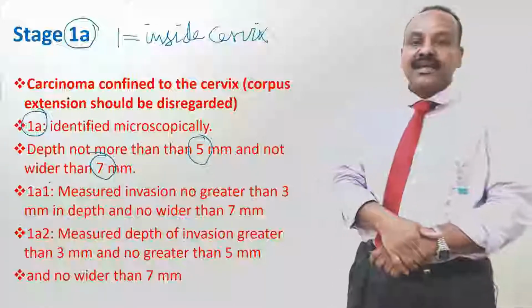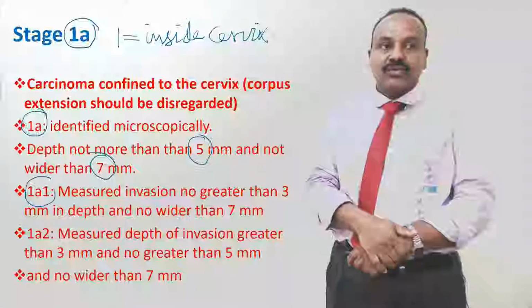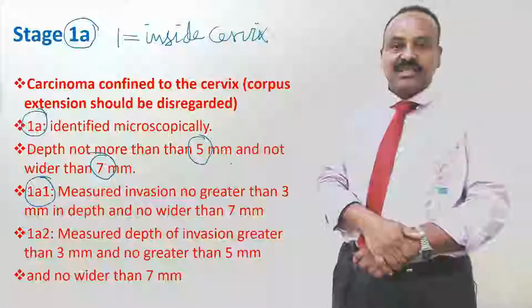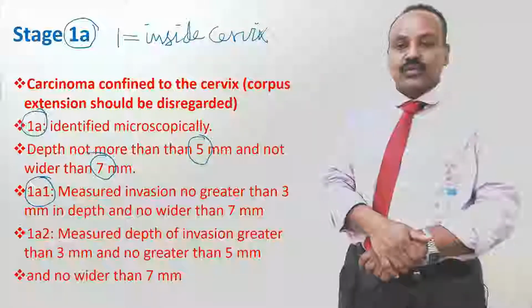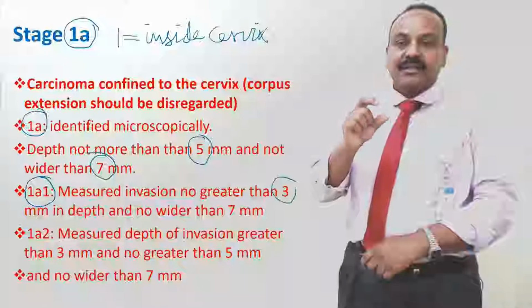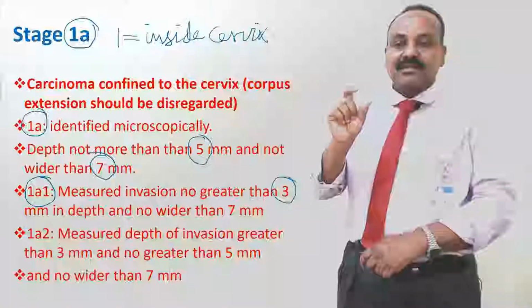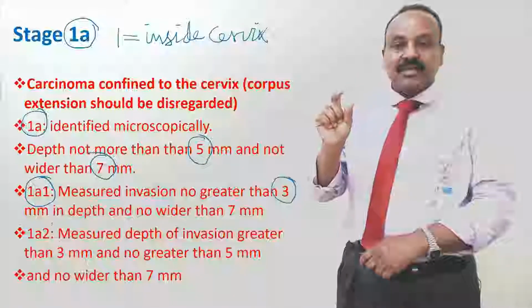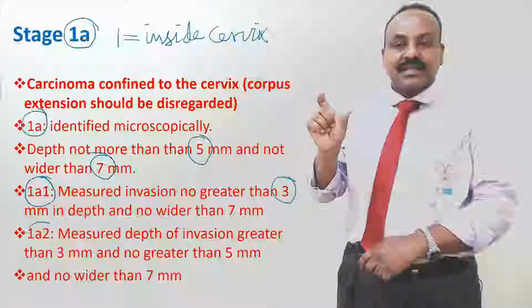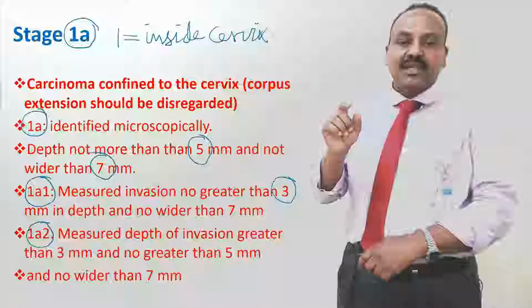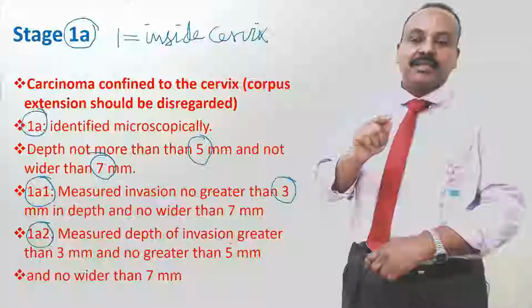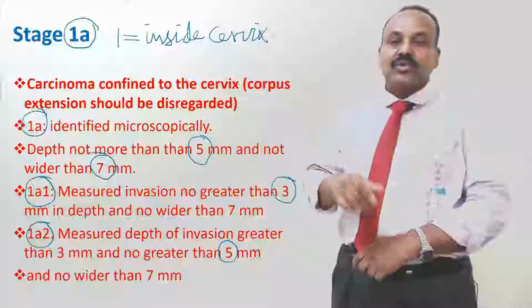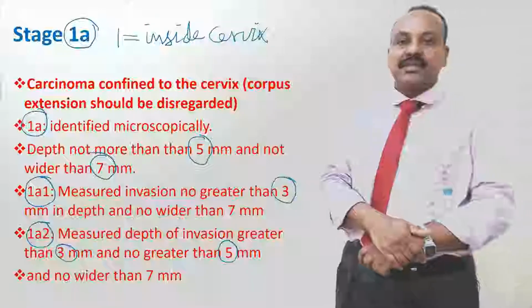They divide stage 1A, which is a microscopic stage, into stage 1A1 and stage 1A2. Stage 1A1 is invasion not more than 3 millimeter in depth and not wider than 7 millimeter. Stage 1A2 is greater than 3 millimeter and still not more than 5 millimeter.